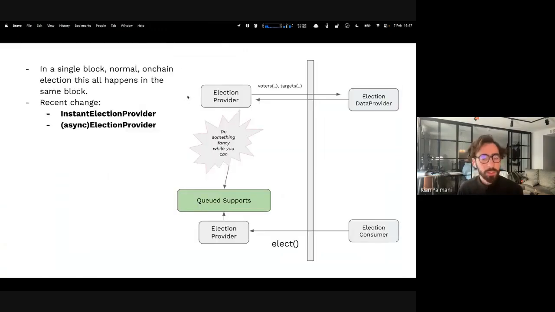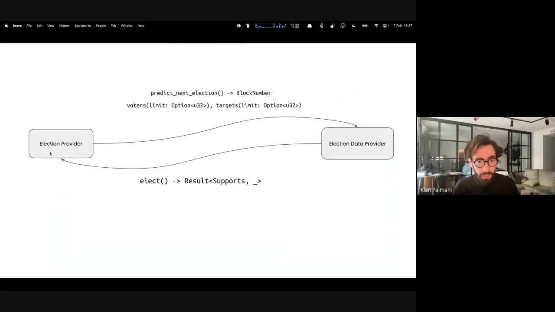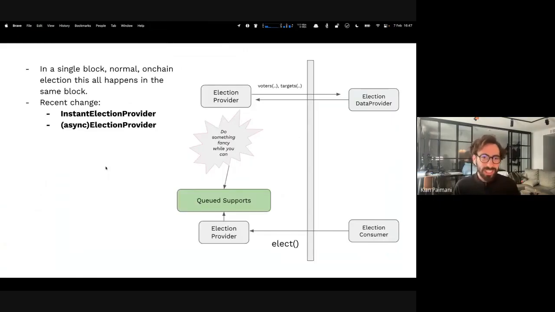And this abstraction is the more general one, because you can see the elect function has no input. You don't tell it, hey, here's the input, now elect for me. You assume that the election can be basically asynchronous. So what I described as election provider is actually an async election provider in some way.